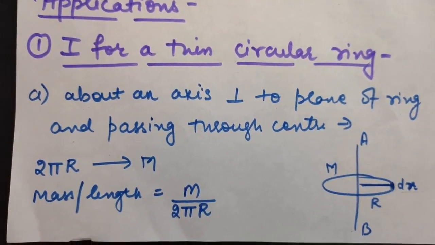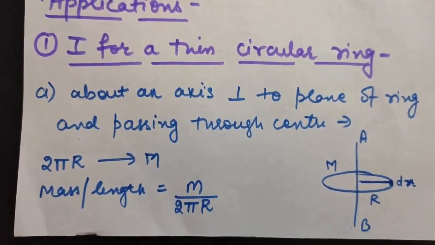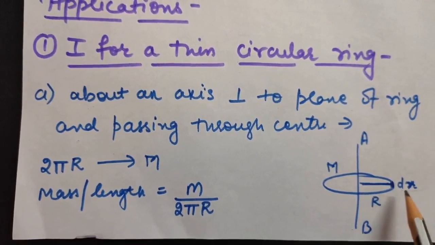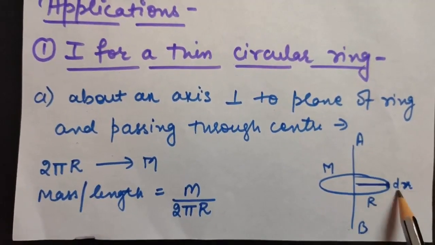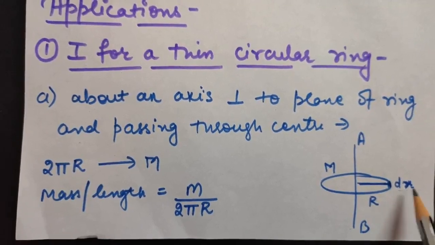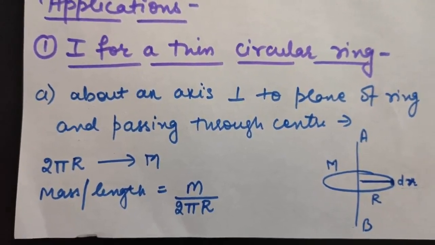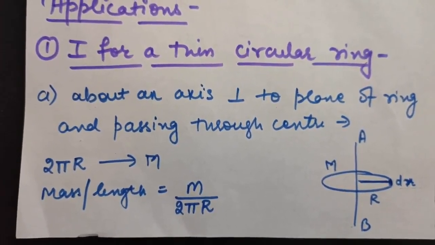Okay, so the second step was to calculate moment of inertia due to this small element. To calculate moment of inertia due to dx, first of all we have to calculate the mass of dx. Now how will we calculate mass of dx? We will be using unitary method.